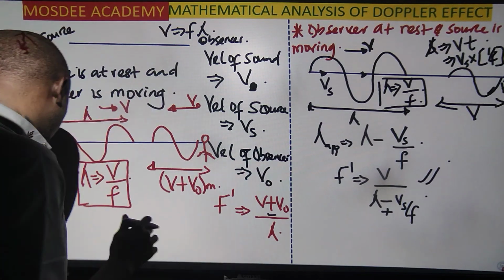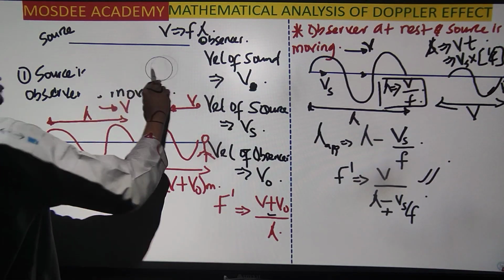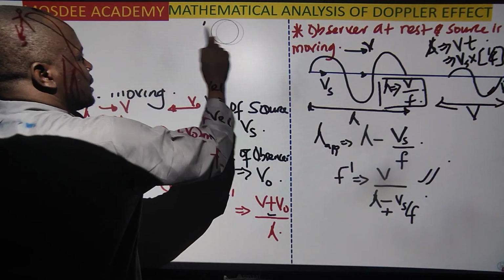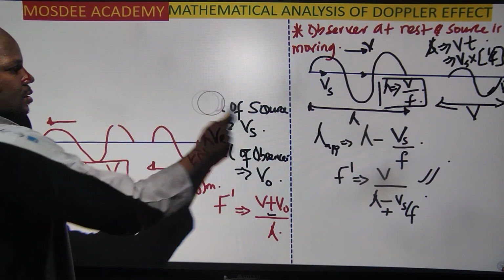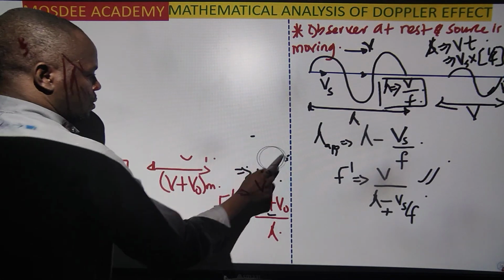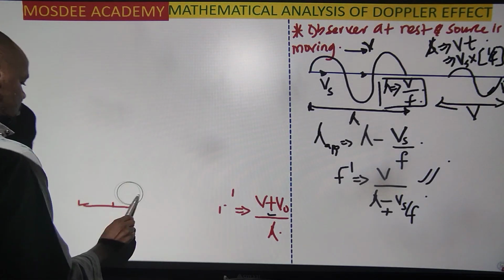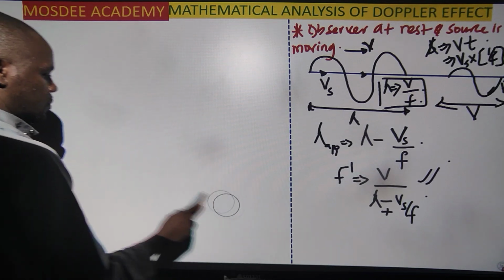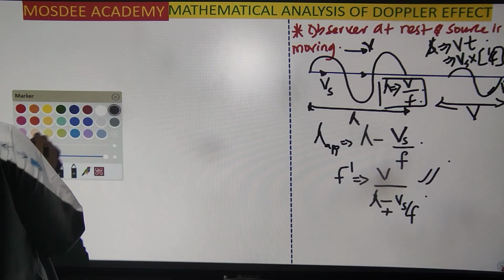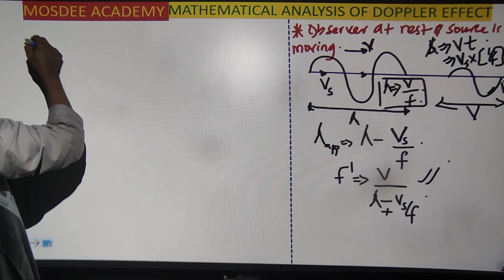So to get the generalized formula, we can quickly do that in just 10 seconds. The generalized formula, we can combine different situations so that we won't have issues.